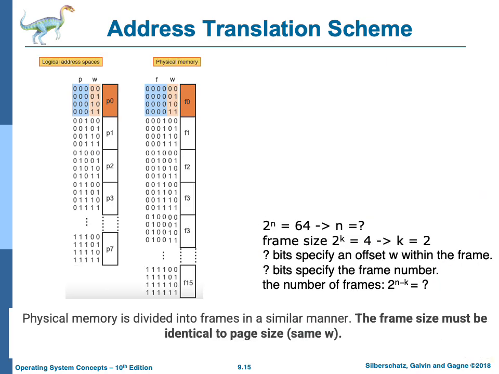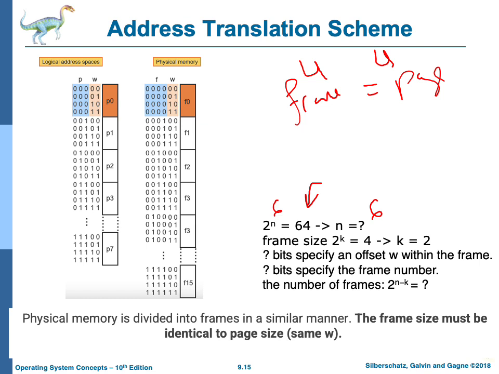Now for the physical space, as we said, the frame size has to be equal to the page size. Since in the previous example we decided to have a page size of 4, we have to divide the physical space similarly and have a frame size of 4 words. So if we assume that we have a physical space of size 64, then I will have a total of 6 bits to address all of the 64 words.